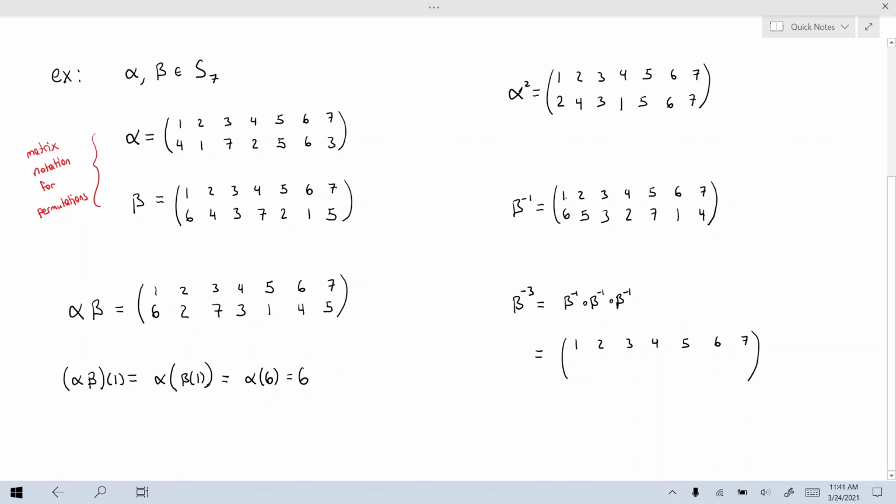Beta inverse maps 1 to 6, the next beta inverse would map the 6 to a 1, and then the third beta inverse would map the 1 to a 6. Then 2 would go to 5, and then to 7, and then to 4. 3 just keeps going back to itself. 4 would go to 2, then 2 would go to 5, and then 5 would go to 7. 5 goes to 7, and then 7 goes to 4, and then 4 goes to 2.